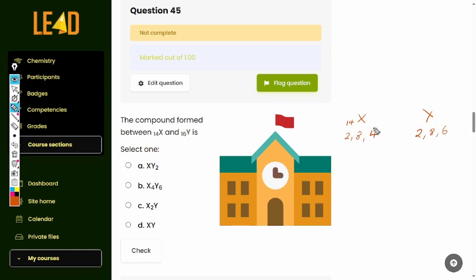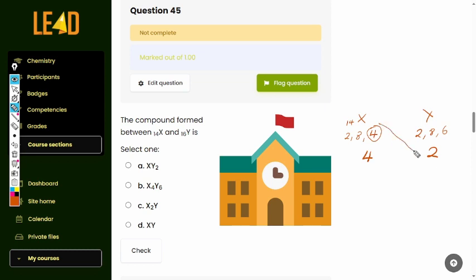Now, elements in group 4 of the periodic table... Okay, so the combining power here is 4, and the combining power here for it to complete 8 is 2. So it's going to need 2 electrons to make this 8. So we found the combining power.